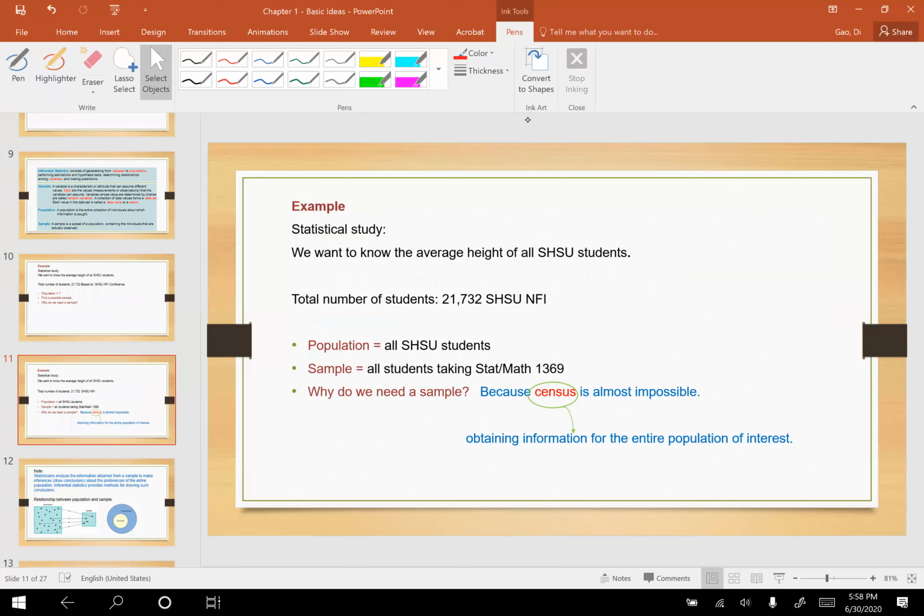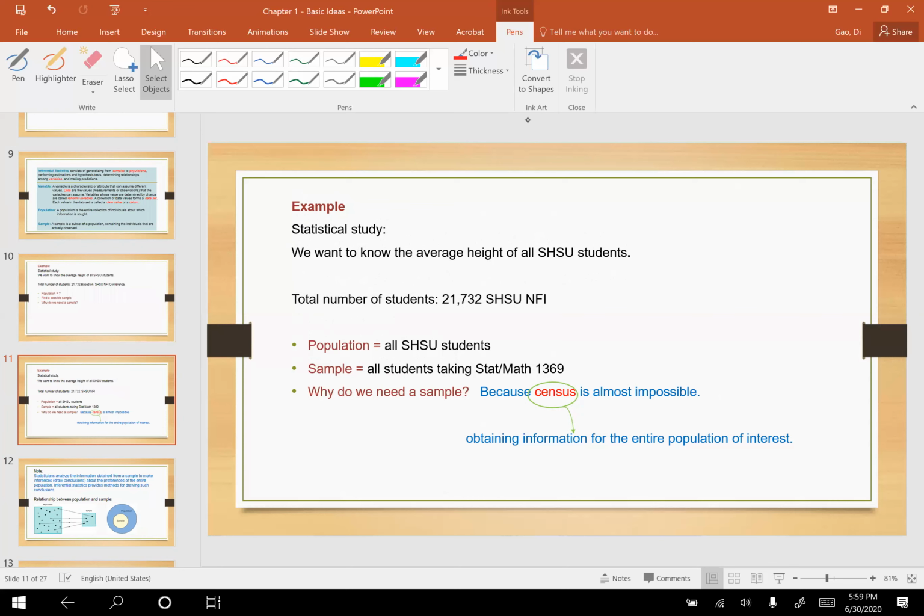Again, the statistical study is that we want to know the average height of all SHSU students. The population is going to be all SHSU students, and a possible sample could be, like we mentioned, all students taking 1369 or 3379, or whatever group that is a subset of the population. And why do we need a sample? That is because a census is almost impossible.